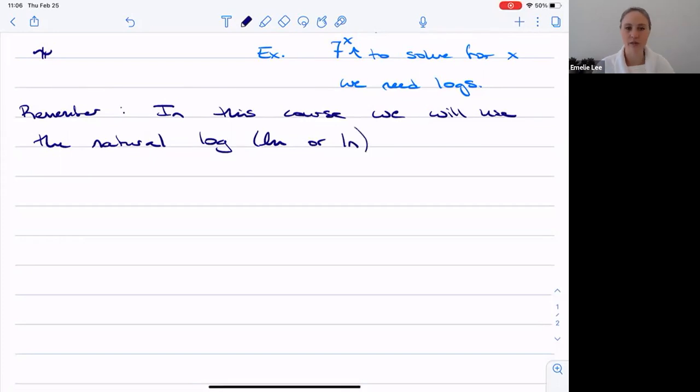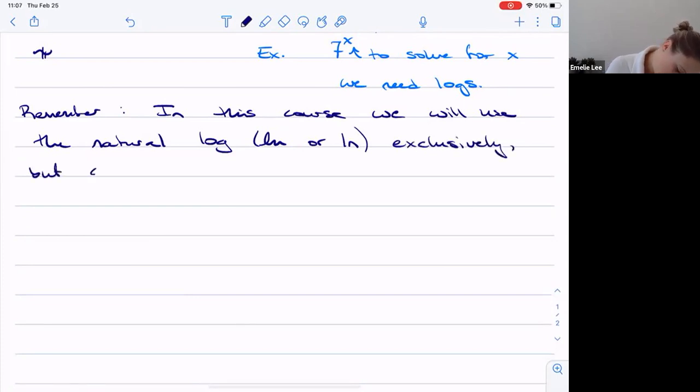I don't know how else to write it. In this course, we'll use the natural log exclusively, but all the log laws apply to logs of any base.